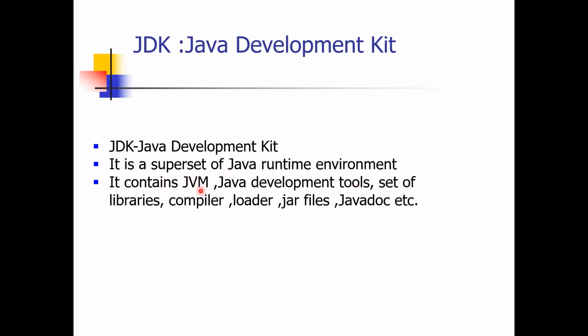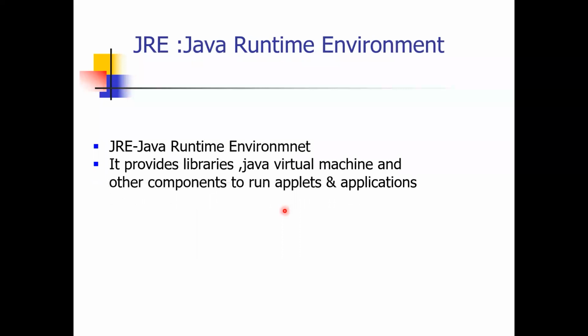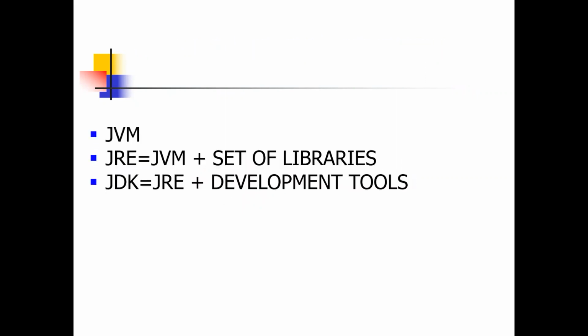It contains the JVM, Java Virtual Machine, Java development tools, a set of libraries, compilers, loader, jar files, Java document, etc. So there are three terms: JDK, and JRE, Java Runtime Environment, which provides libraries, Java Virtual Machines, and other components to run applets, or we can say applications.